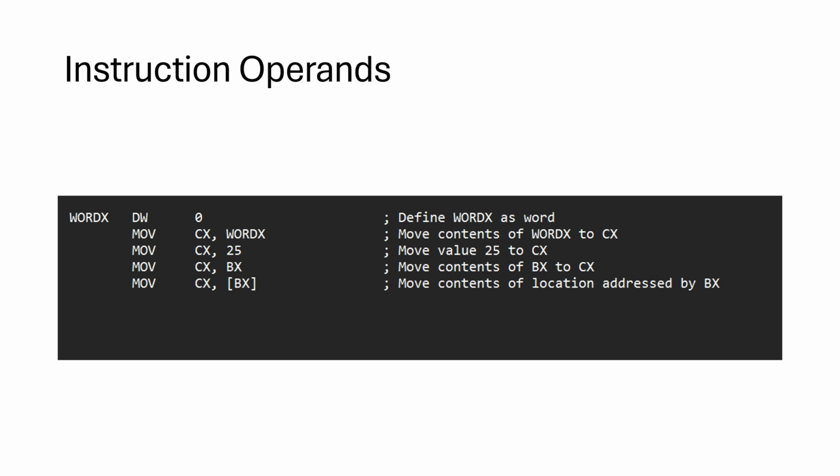How does it differ from the previous instruction, BX versus the square bracket BX? The previous instruction simply moves the contents of the BX register to the CX register. But this instruction moves the contents of the location addressed by the BX register. So if, let's say, the BX register has some address 0A3B, whatever contents are present at that address in memory will be transferred to the CX register, whichever value is stored.